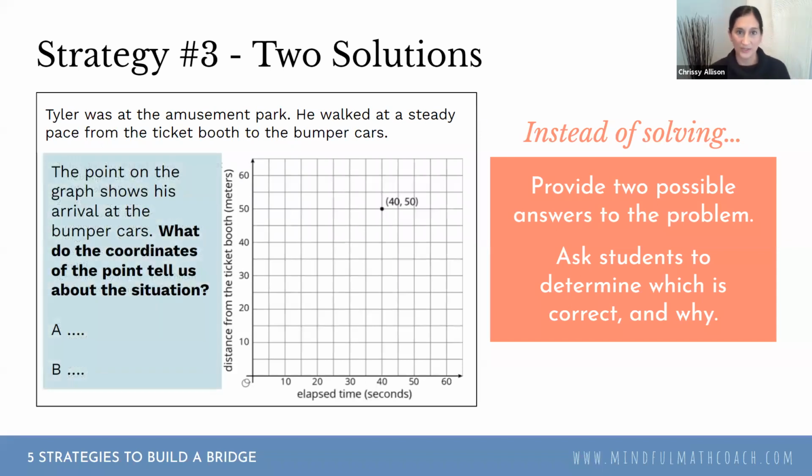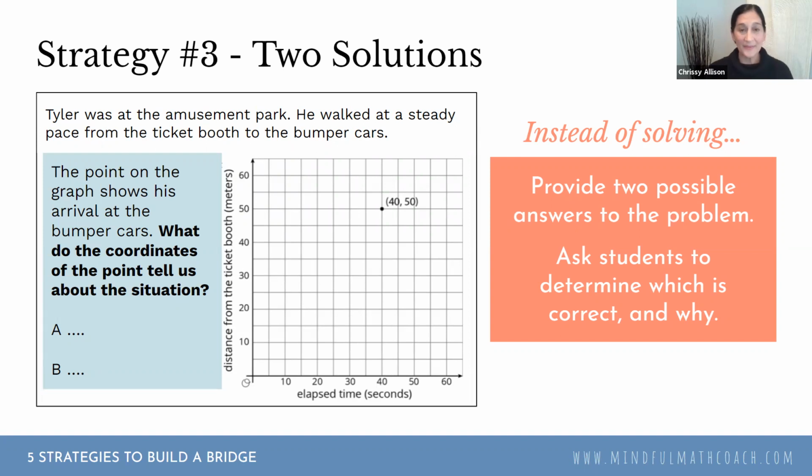So if you think that might be the case, here's an idea. Pull out that first question and then give students 2 ideas. So you could say, what do the coordinates of the point tell us about the situation? A, that after 40 seconds, Tyler had walked 50 meters from the ticket booth, or B, after 50 seconds, Tyler had walked 40 meters from the ticket booth.